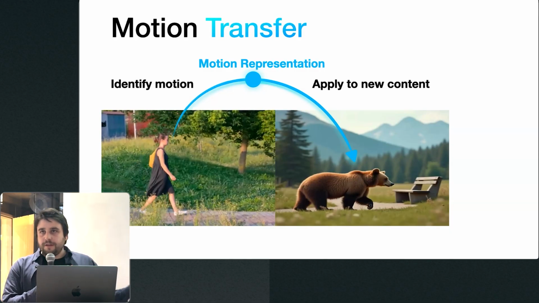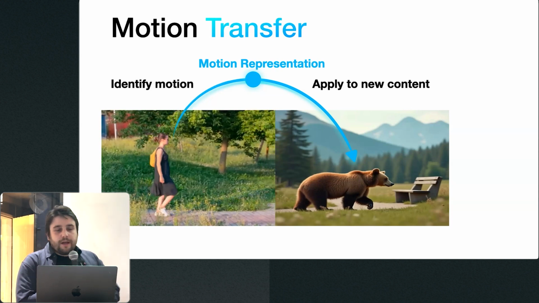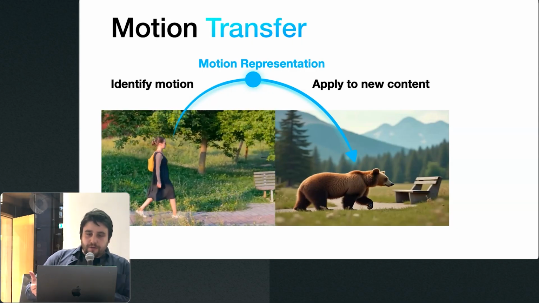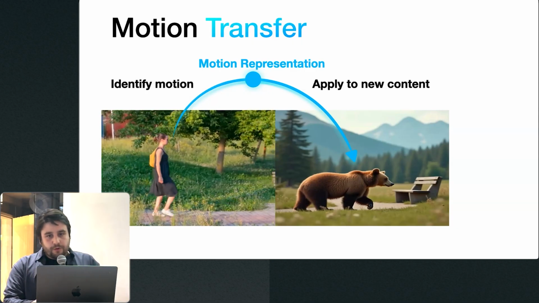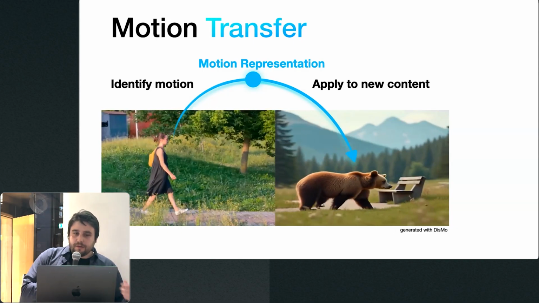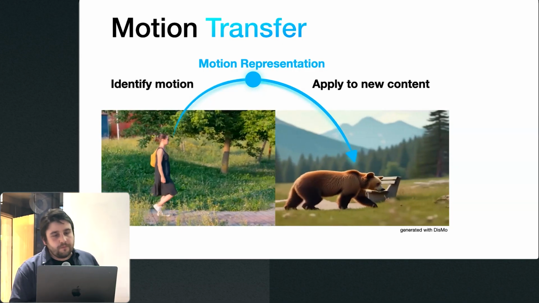You lost your static information from your source video. You got some new static information from your new content. And then, of course, eventually, what you want to have in the end is a somewhat convincing video that you have to render in the end.